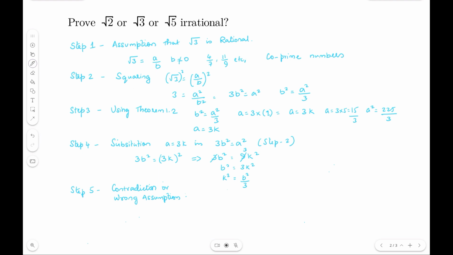They are co-prime numbers. But here we find a is a multiple of 3 and b is also a multiple of 3, and they share a common factor 3, which contradicts our assumption. Therefore, since our assumption was wrong, we can say root 3 is irrational.